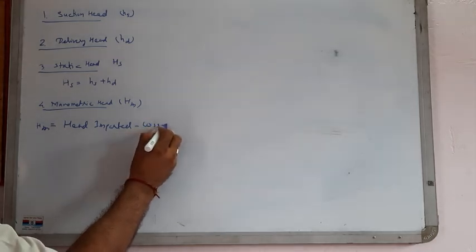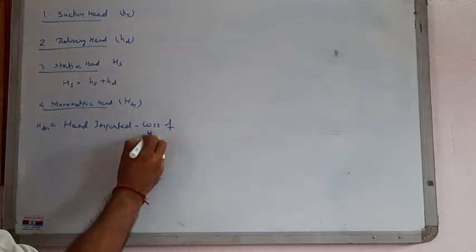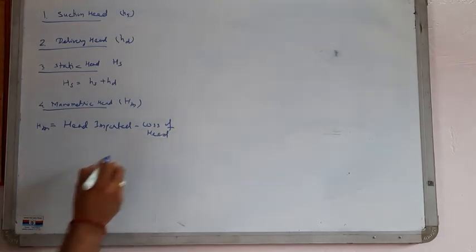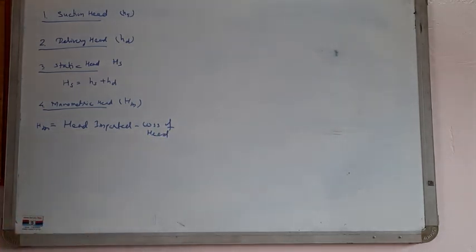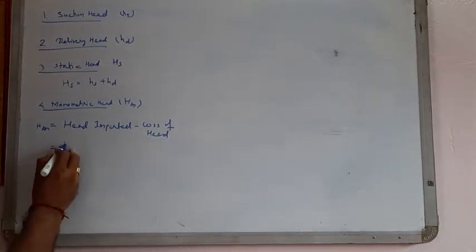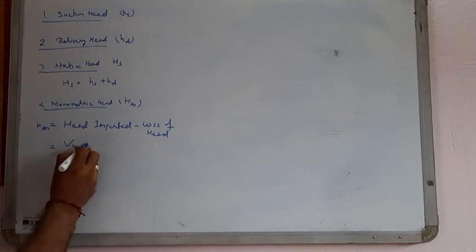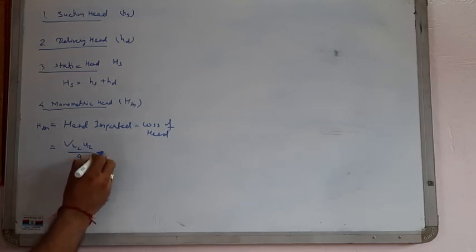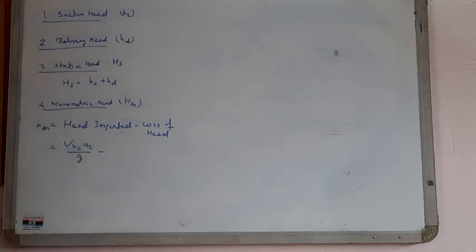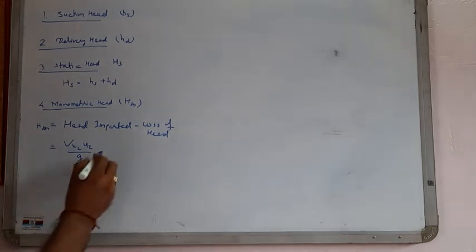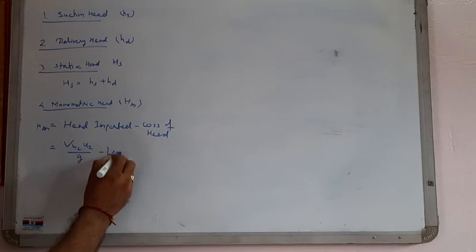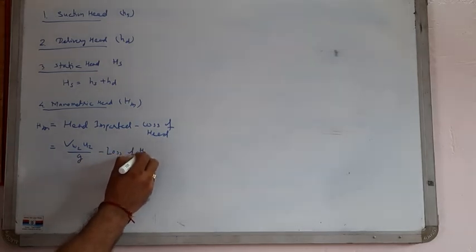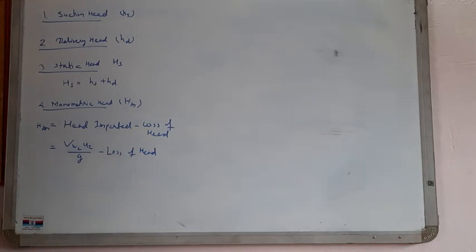So this is Vw2 u2 by g minus loss of head in impeller and casing.